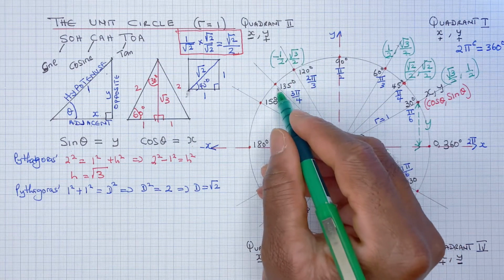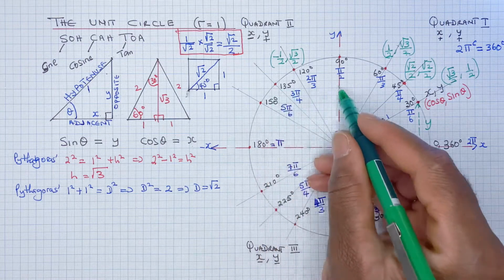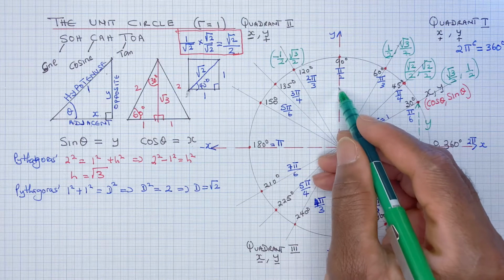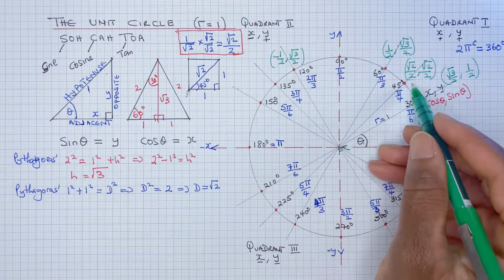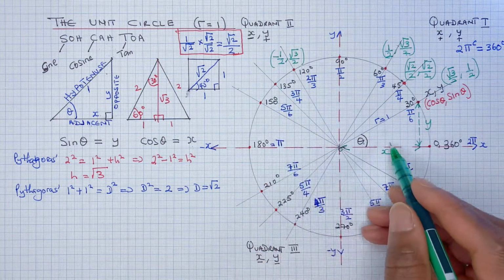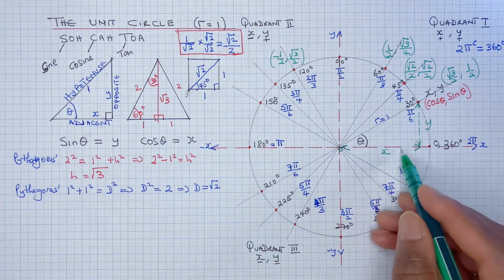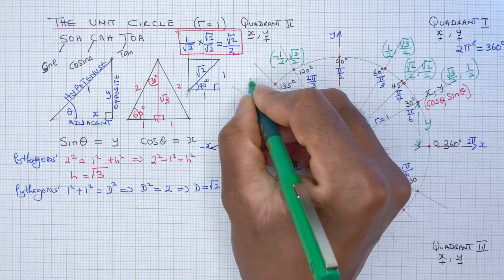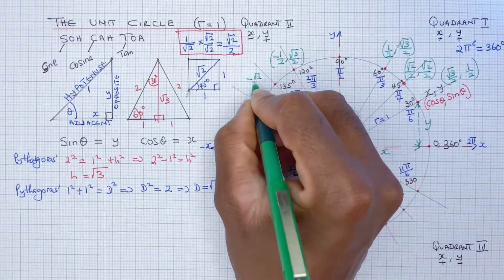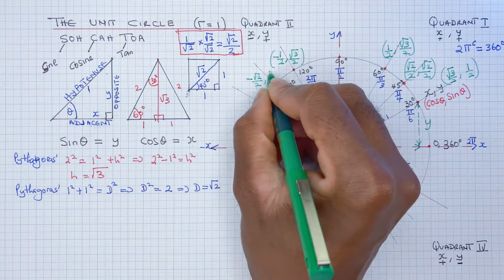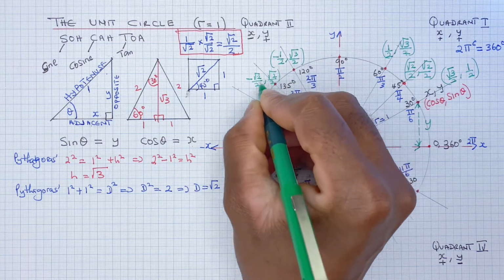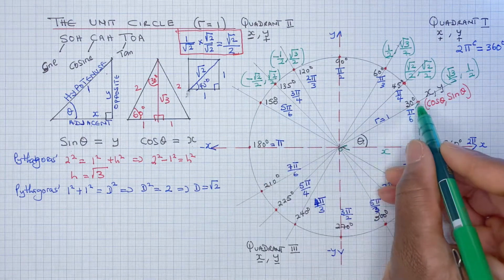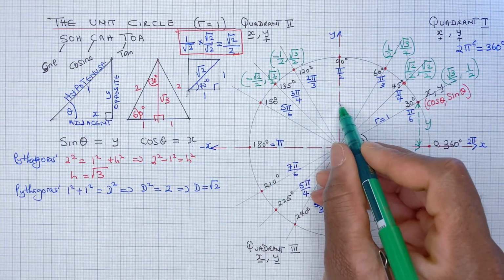For 135, if you extend the line, it goes all the way to 45. So you see, the y values are the same. And the x value is just a reflection of the other one. So one is positive, the other is negative. So you're going to get minus root 2 over 2 and root 2 over 2. 150, again, if you extend it, you get 30, the same height as 30.